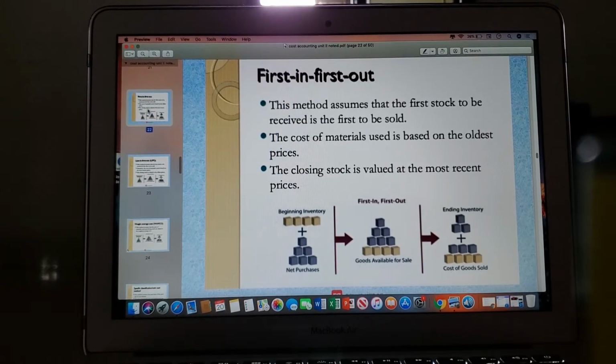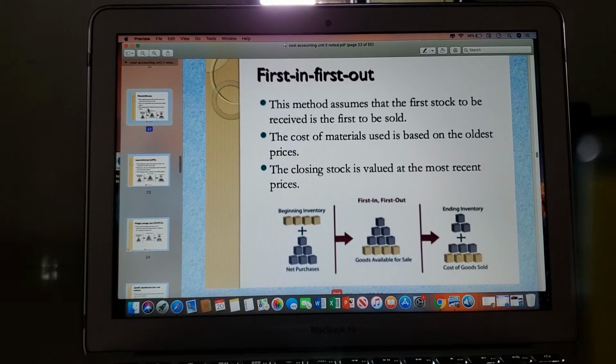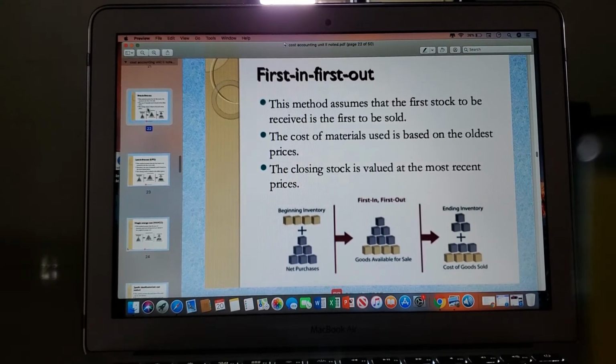The first column has the beginning inventory depicted with 4 yellow boxes, plus net purchases of 6 grey boxes of goods. So I repeat, in the first column of the first in, first out method, there is the beginning inventory of 4 yellow boxes of goods plus net purchases of 6 grey boxes of goods.